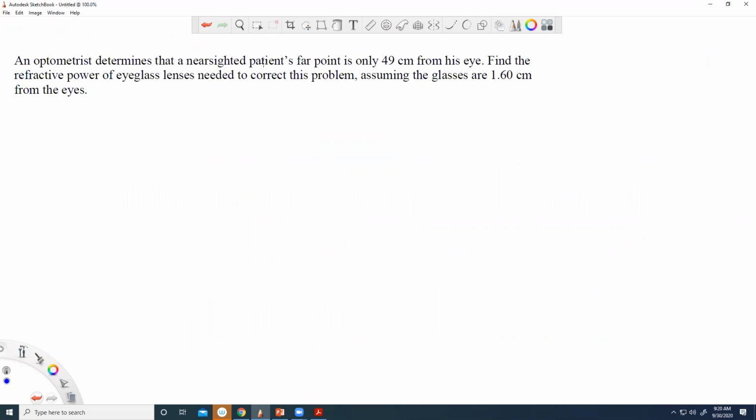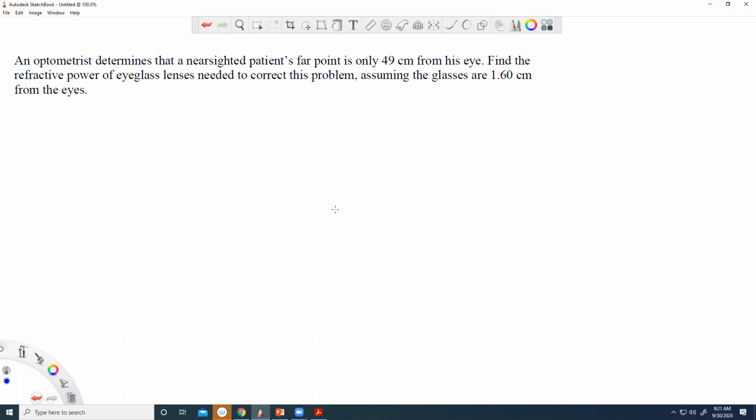So the far point of a nearsighted person is 49 centimeters from his eyes. Find the refractive power of eyeglass needed to correct this problem, okay? Assuming the glasses are 1.6 centimeters from the eyes.